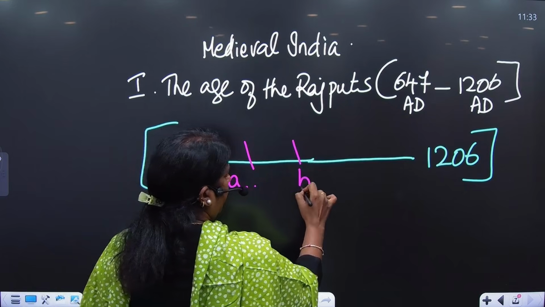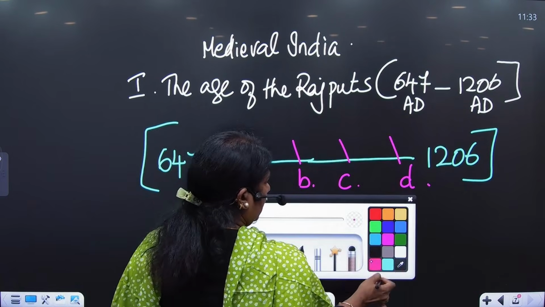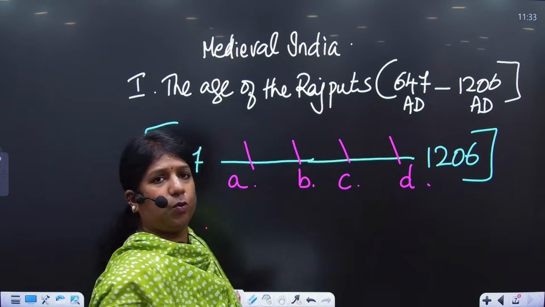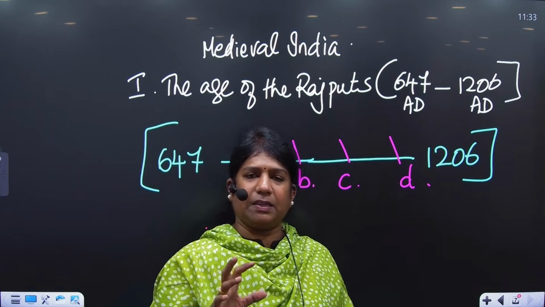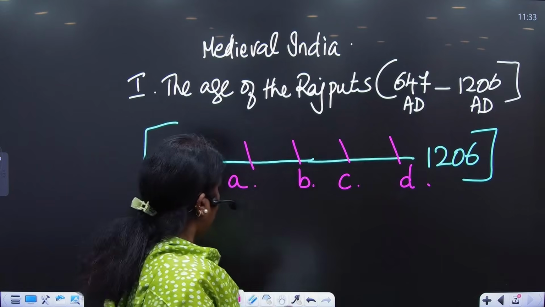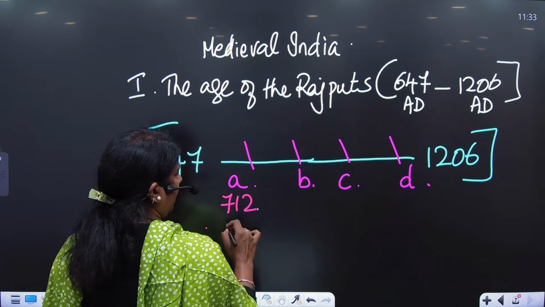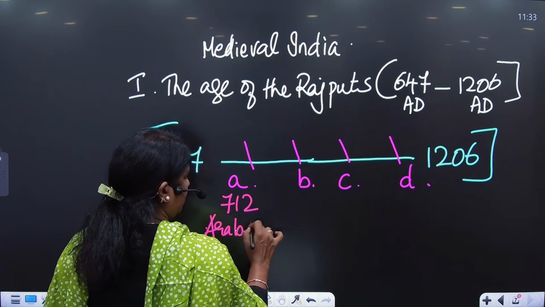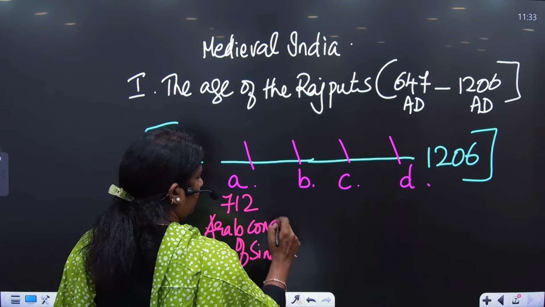So when the Rajputs were ruling India, and those 36 kingdoms were ruling India after the death of Harsha, in 712 the Arab conquest of Sindh took place.